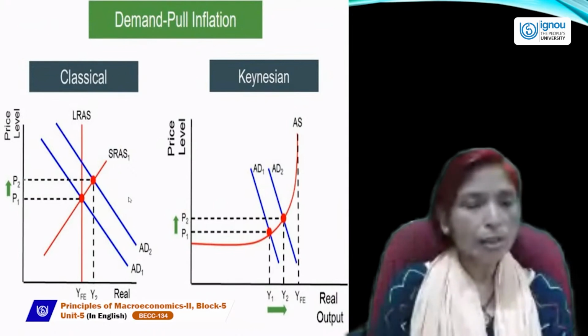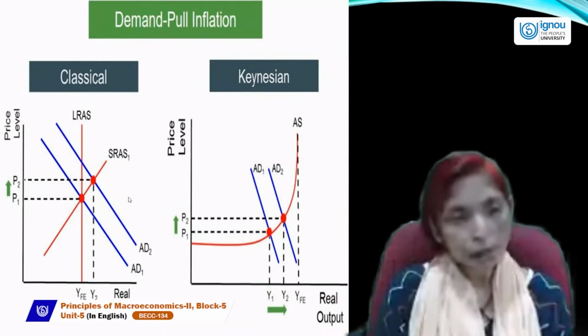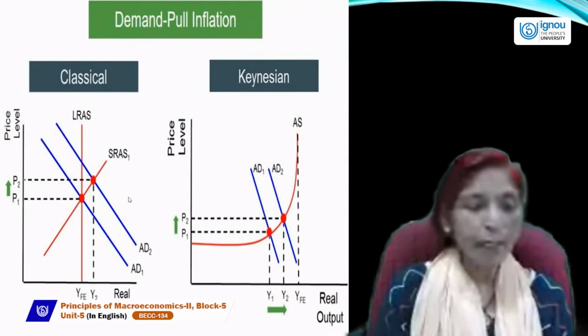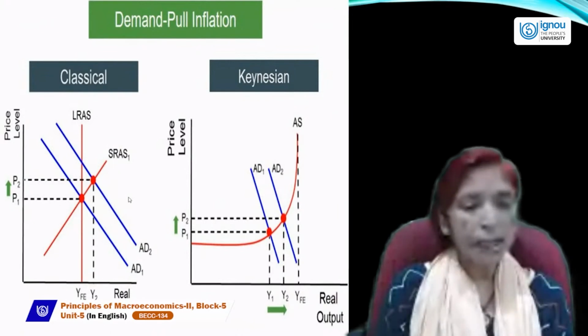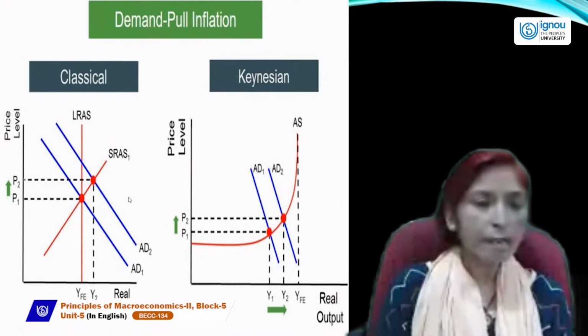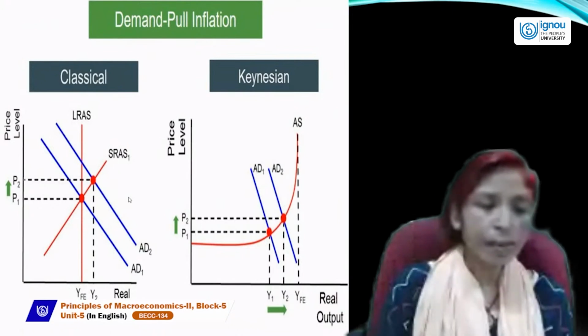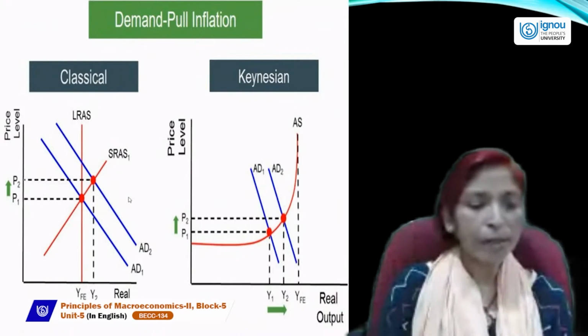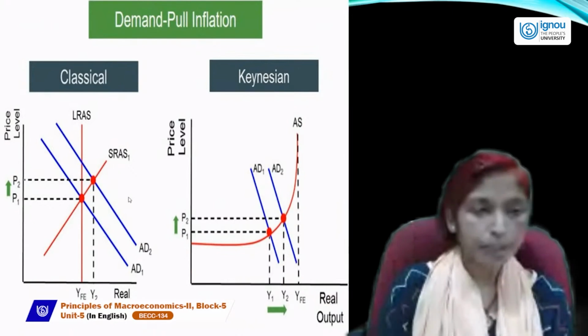SRAS is showing the short run aggregate supply curve, and the aggregate demand curve is generally a downward sloping curve, where AD intersects SRAS1 or the LRAS curve. Here price level is determined P1 and income level is determined Y. Here FE is showing full employment.